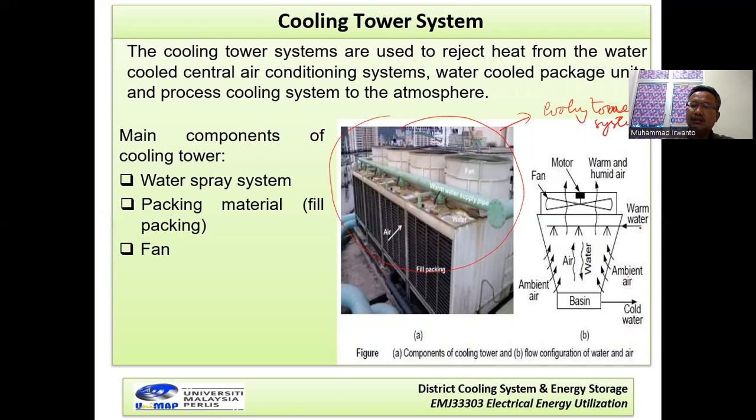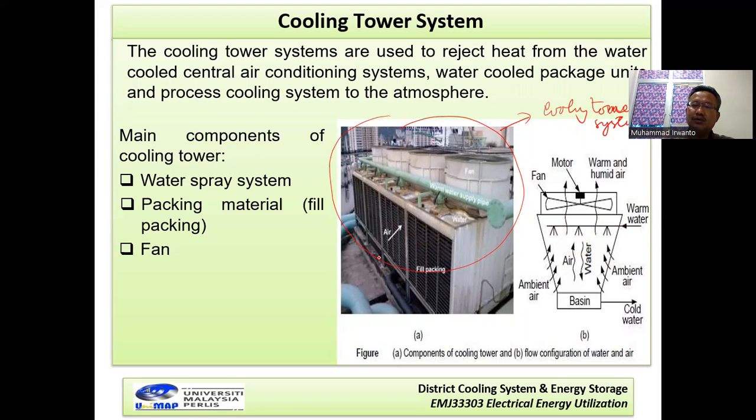When the warm water comes from the condenser, it is pumped by the condenser water pump and goes to this cooling tower system. Inside the cooling tower, this warm water will be sprayed.